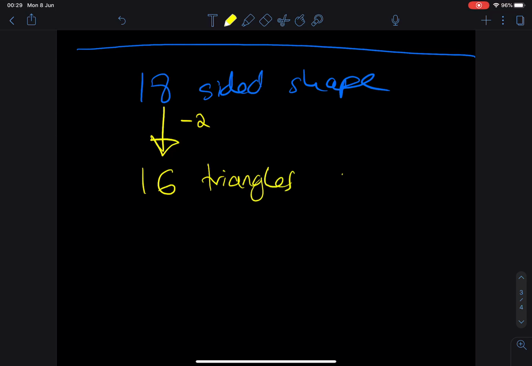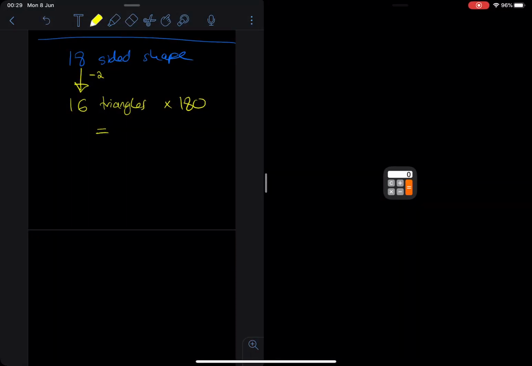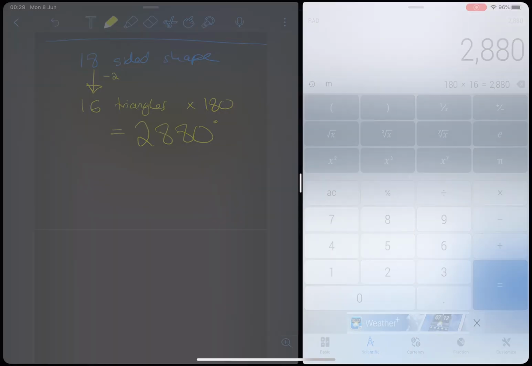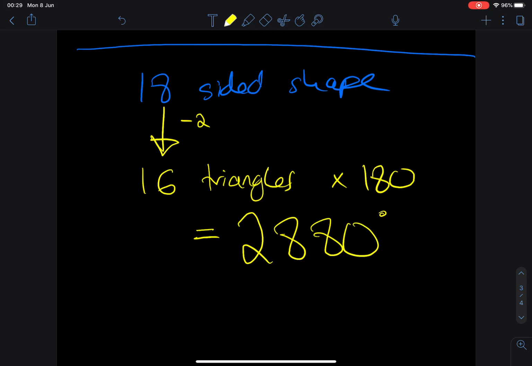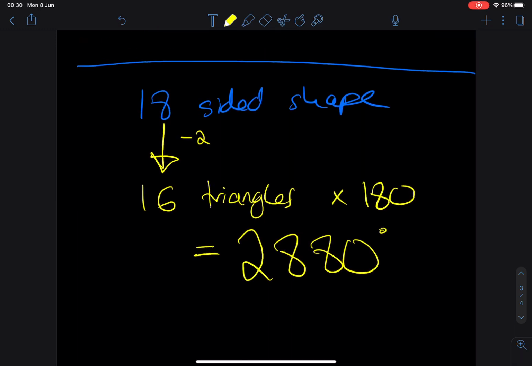If each triangle is equal to 180, all I have to do is 180 times 16, which is, let's get my handy calculator out, 2,880 for an 18-sided shape. All of the angles inside that shape would add up to 2,880 degrees. Obviously, I've picked a very, very large number there.